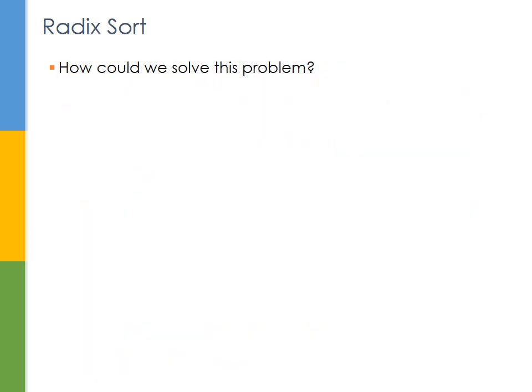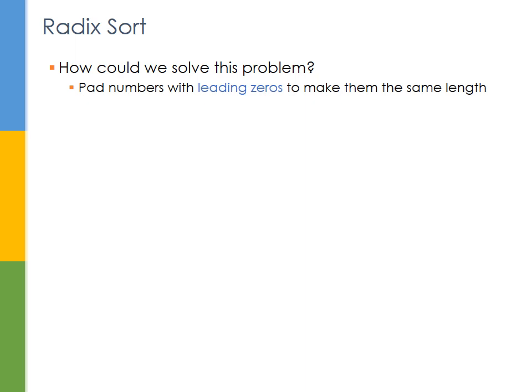So how can we go about solving the problem that we identified in the previous example? Well, it turns out we can use essentially the same procedure with a few minor modifications, and we will end up with an algorithm that actually successfully sorts an array of numbers. So the first modification that we need to make is to ensure that all of the numbers we're sorting have the same number of digits.